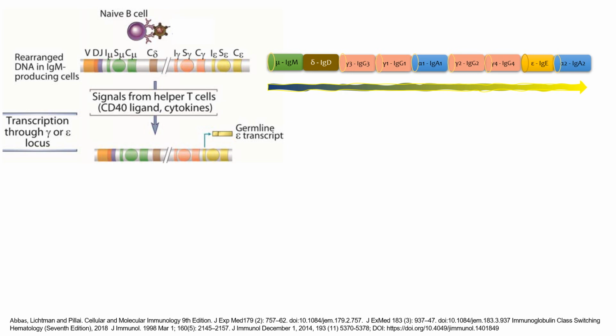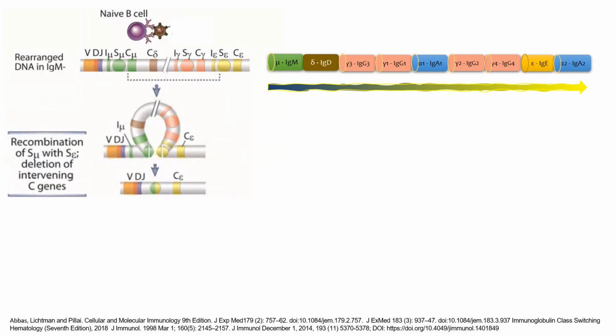And these are the drivers for the switch. For the switch, the B cell actually can identify the switching regions, and they actually bind them together, splicing out the rest of the genome, literally cut it out.